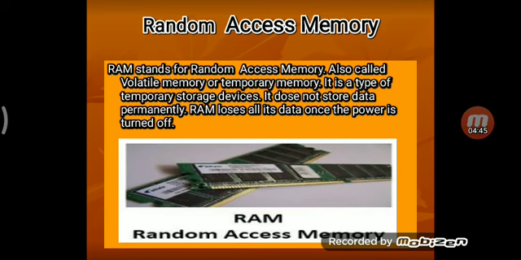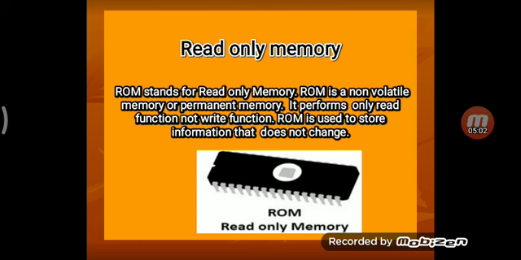The memory that loses its data when power is switched off is called volatile or temporary memory. You can read from and write to the RAM. RAM is used for read and write operations.